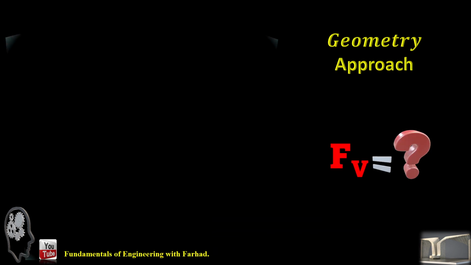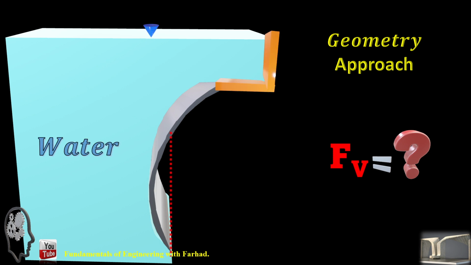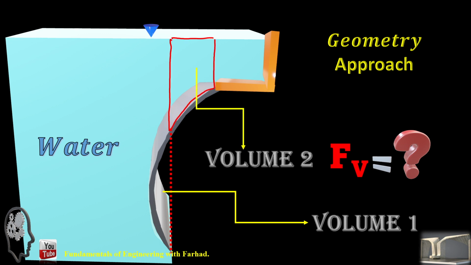And then for calculating the vertical force, F sub V, we first consider that if we have a real body of water above our gate, we consider that part, like volume 2, which is real water up to the surface. And if we have just the gate shape and there is no water, we can just imagine that it's still immersed in water.